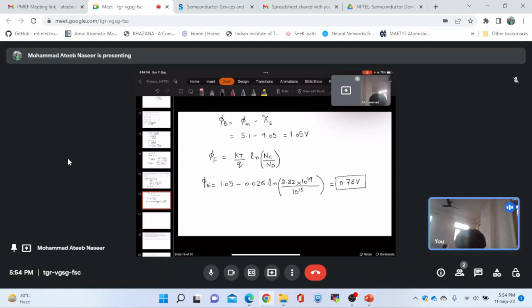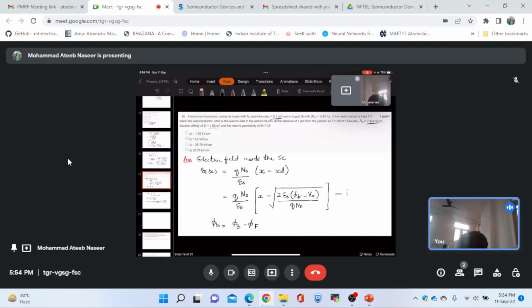Now from the previous expression that we had got for the electric field, let us substitute the values in this equation. This ND has the value of 10 to the power 15, and phi BI, the built-in voltage, came out to be 0.78, and VA is the applied bias, a reverse bias, that is minus 5 volts.